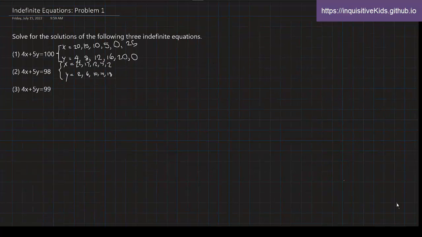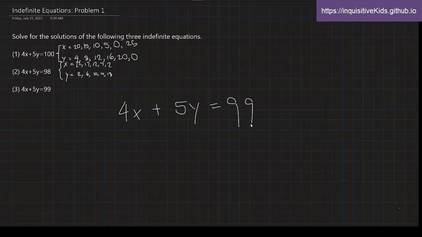Now let's take a look at the third function. 4x plus 5y is equal to 99. Okay, so our last solution to solving indefinite equations is to look at what would make sense for the final digits. And I already told you that you will see what I mean by the time when we solve this problem.